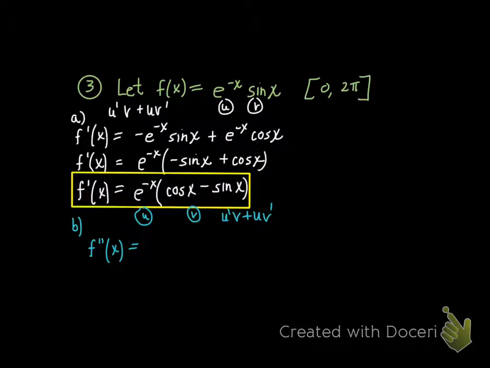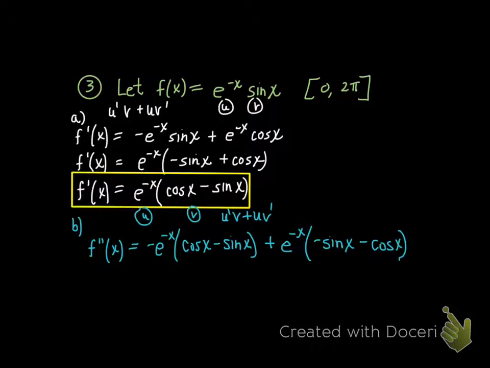The derivative of u, we've been down this road, is negative e to the negative x, times leave v alone, cosine x minus sine x, plus leave u alone, e to the negative x, and then take the derivative of what's in parentheses. The derivative of cosine x is negative sine x minus the derivative of sine x, which is cosine x.